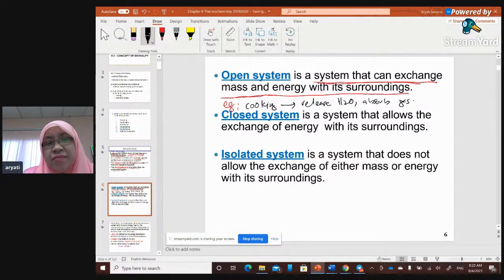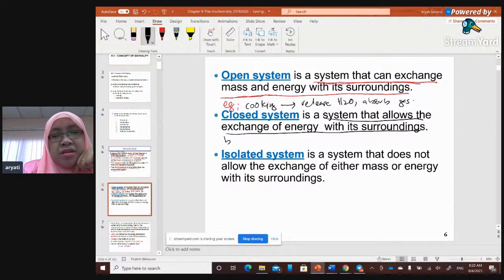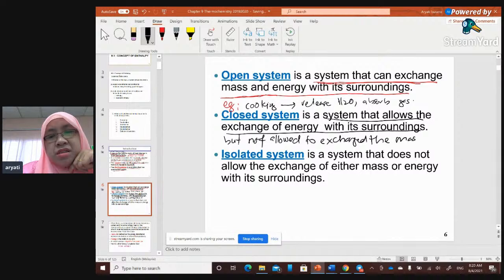So maksudnya ada. Okay, kalau closed system is system that allows the exchange of energy with its surrounding. So closed system adalah sistem yang membenarkan pertukaran tenaga dengan surrounding, but not allowed to exchange the mass.